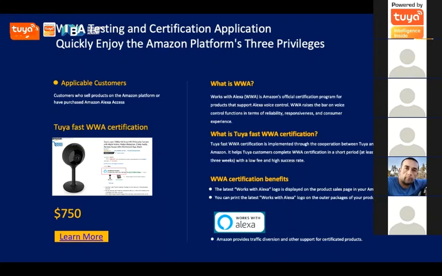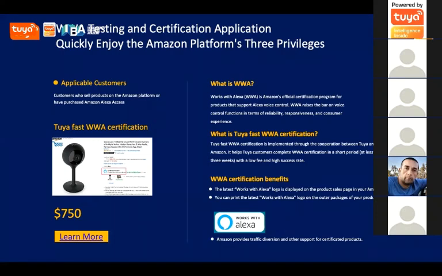And what is Tuya Fast Works with Alexa certification? Tuya Fast Works with Alexa certification is implemented through the cooperation between Tuya and Amazon. It helps Tuya customers complete Works with Alexa certification in a short period, at least 3 weeks, with a low fee and high success rate. Of course, if you have the Works with Alexa certification, you have many benefits.